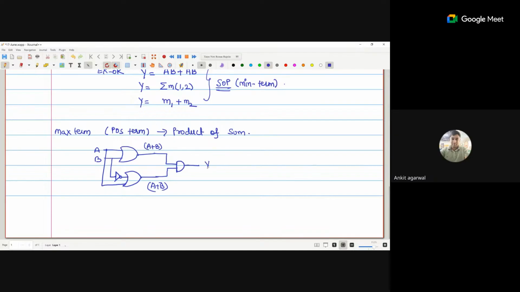So our output equation is Y is A plus B, A plus B bar.